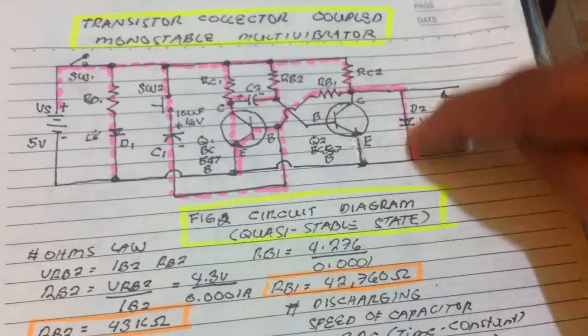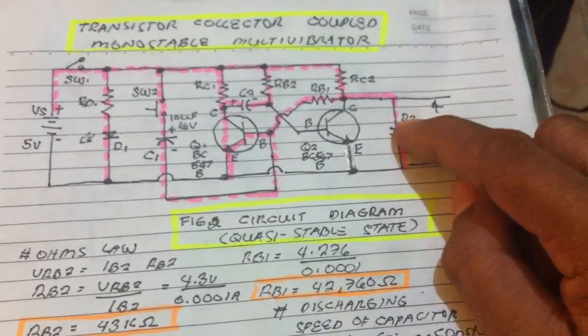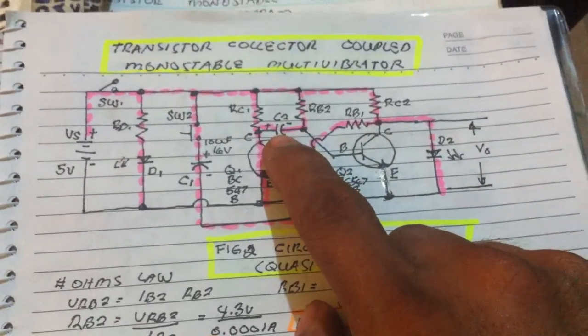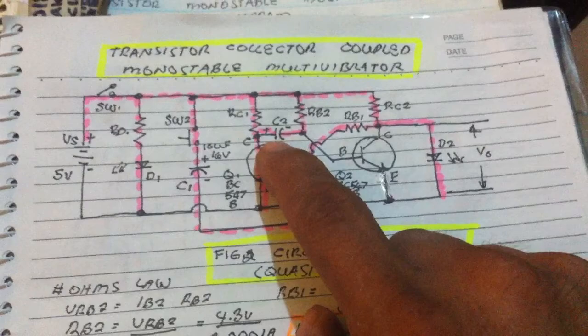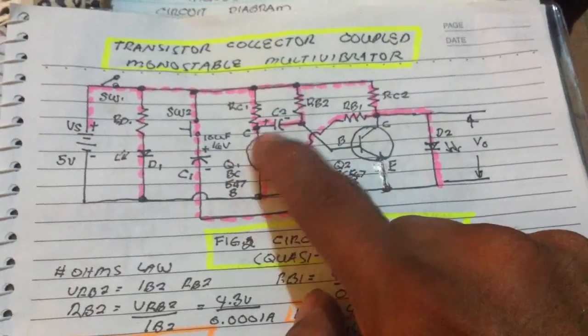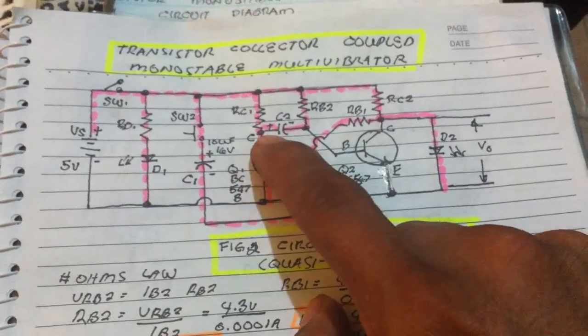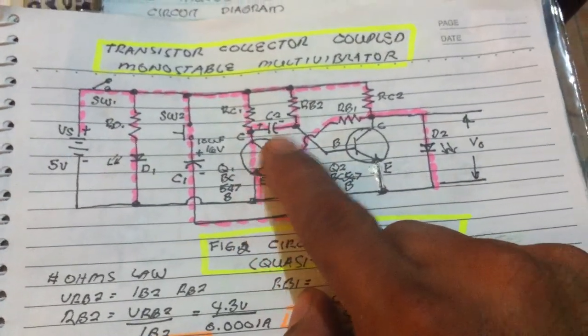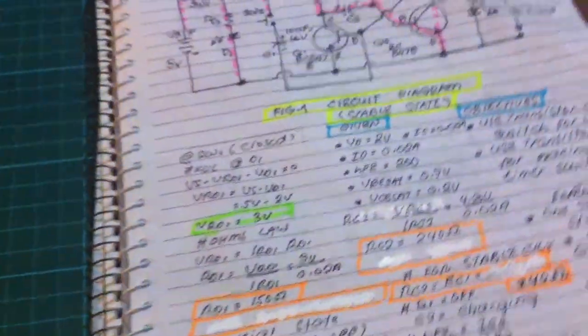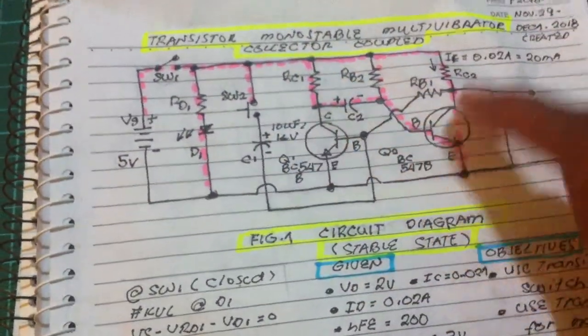And then the current flows here, slowly decreasing the brightness of the LED, as long as the capacitor is discharging and completely dumping its charge to the ground. Now it will go back to its stable state, this current low.